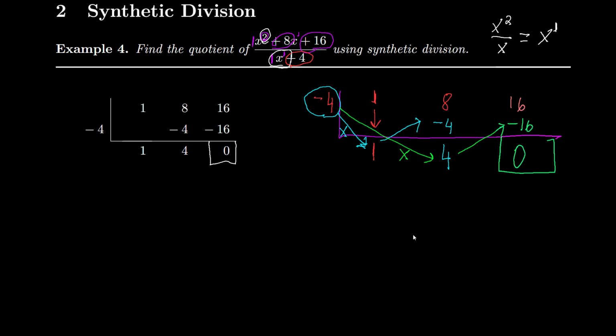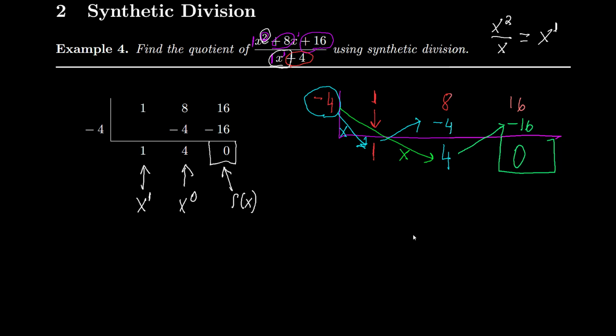The way that I read this is, this is your x term. This is your x to the first term. This is your x to the 0th term. And this is your remainder, which is always going to be a number when you're doing synthetic division.